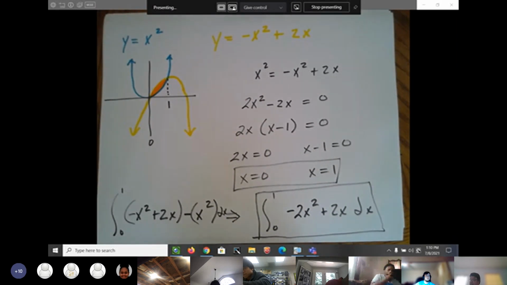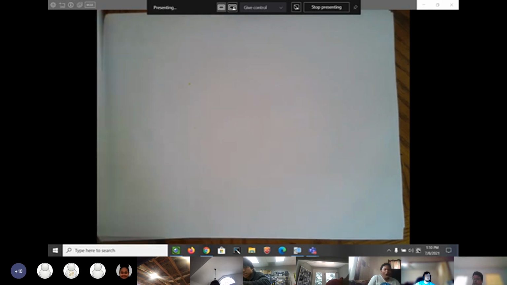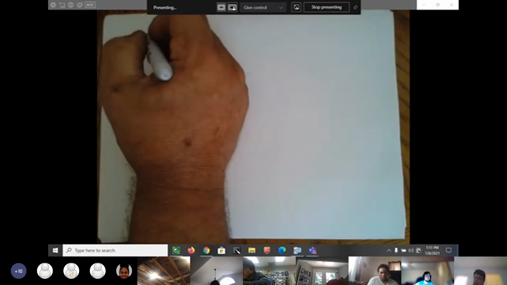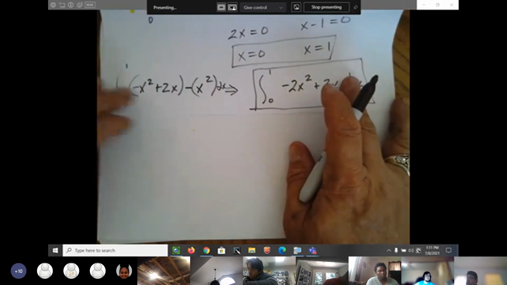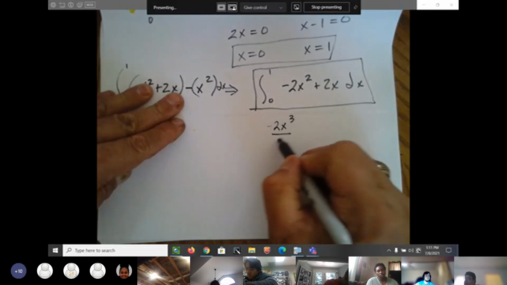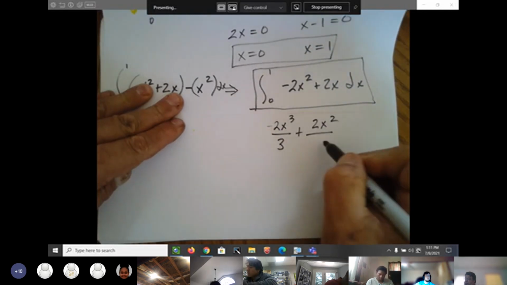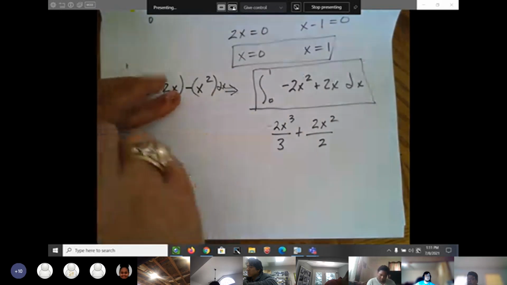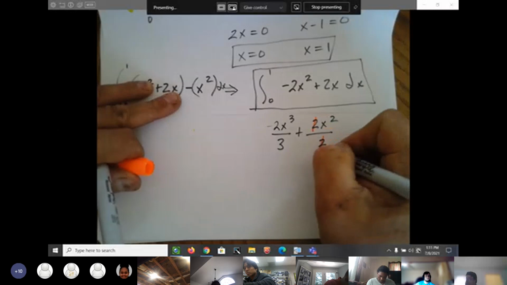So we've got to take the antiderivative. That's going to be negative 2x to the third over 3 plus 2x squared over 2. And of course we see that the 2's cancel.